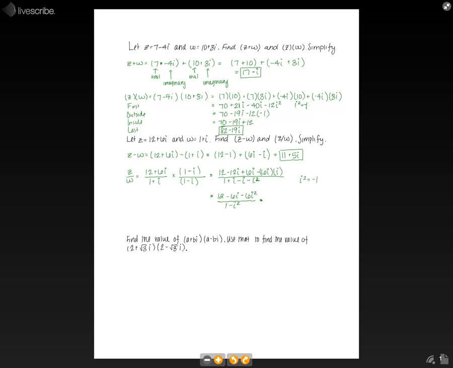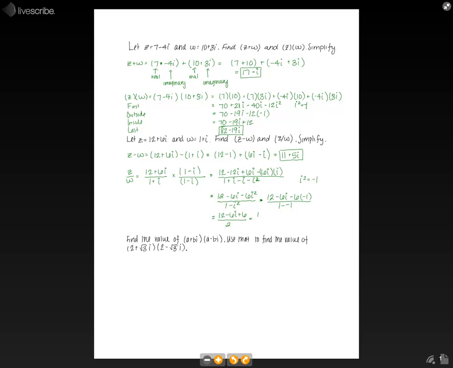Now let's substitute in negative 1 for i squared. So we'll get 12 minus 6i minus 6 times negative 1, all of that over 1 minus negative 1. When we simplify that even further, this is going to turn into 12 minus 6i plus 6 over 2.